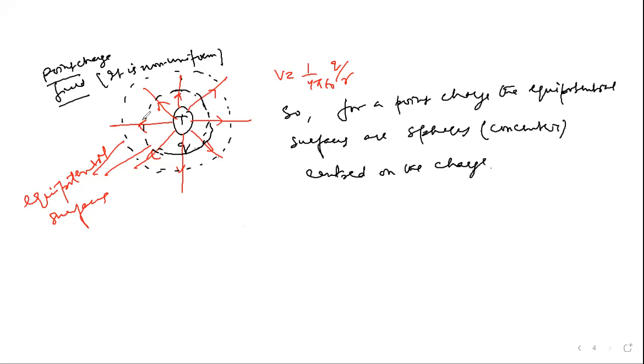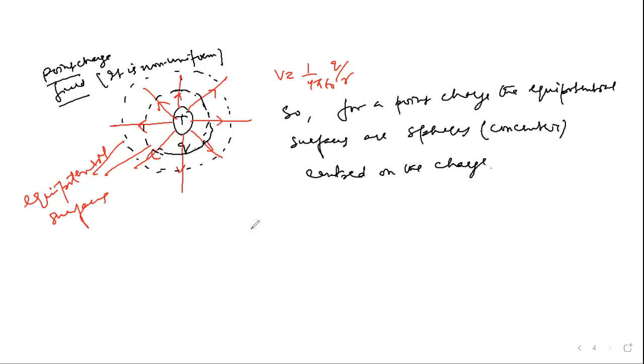If you do this in case of point charge, you will see that as you go away from the charge, density of the equipotential surfaces will decrease, indicating field strength is decreasing. Now, more complicated charge distributions have more complicated shapes of equipotential surfaces, but one thing is always true, that no two equipotential surfaces can intersect, right?